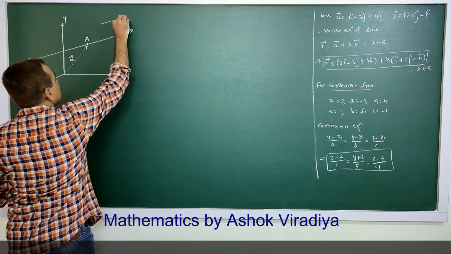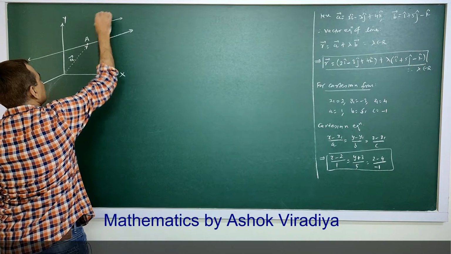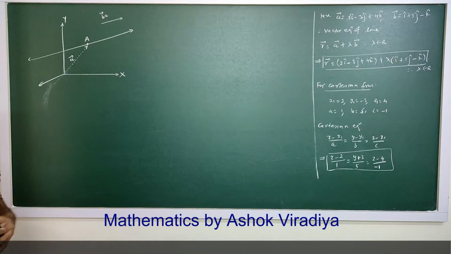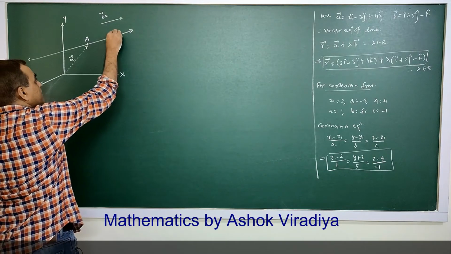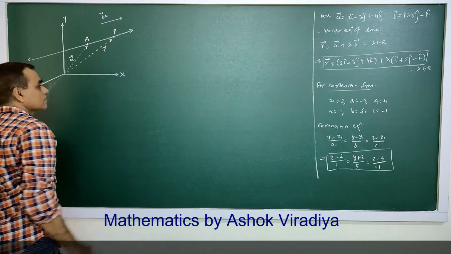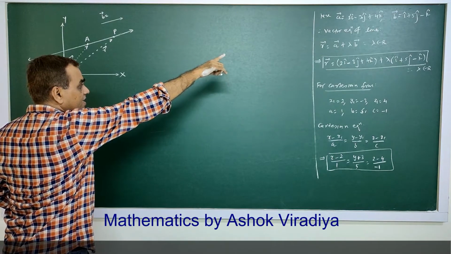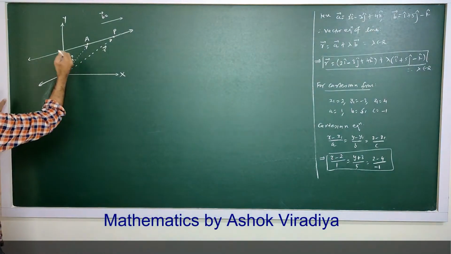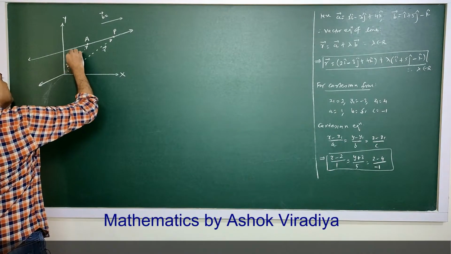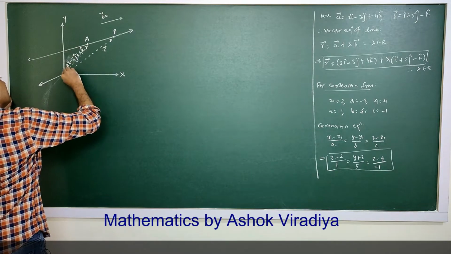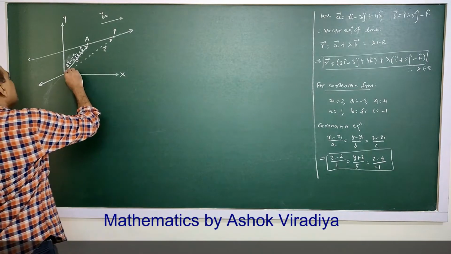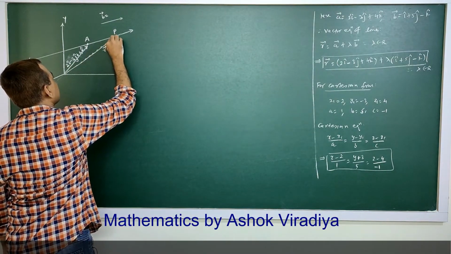This is vector B. B is already given, 1i plus 5j minus k, and the variable point is P, whose position vector is R. So vector A is 2i minus 3j plus 4k. It is this vector. This is the variable point whose position vector is vector R.